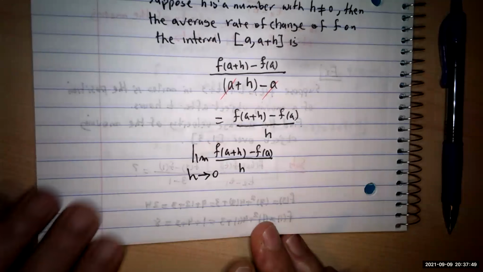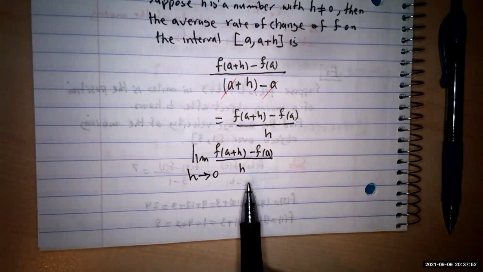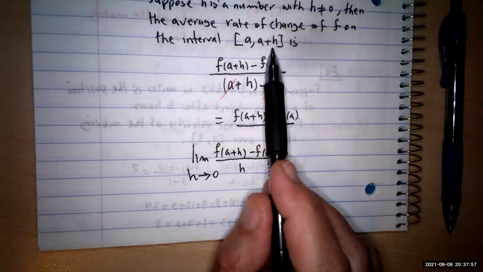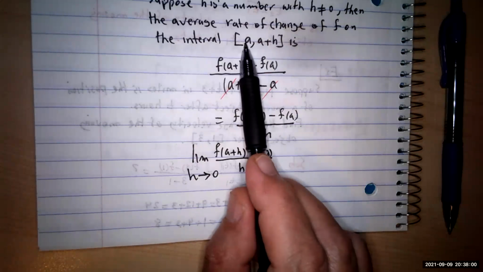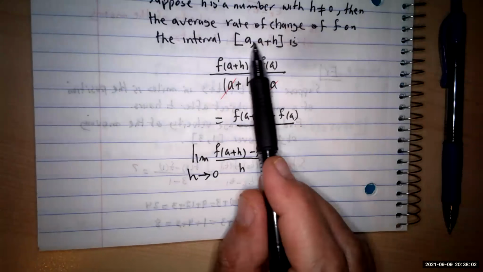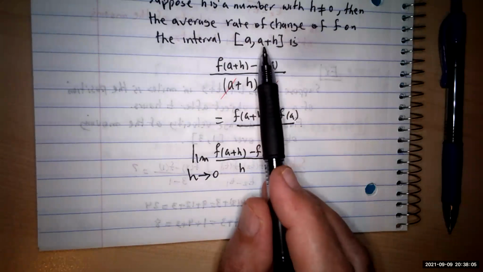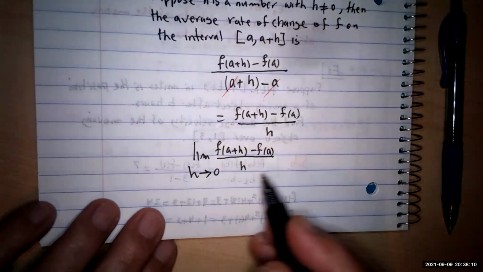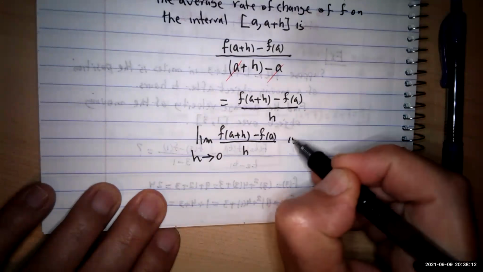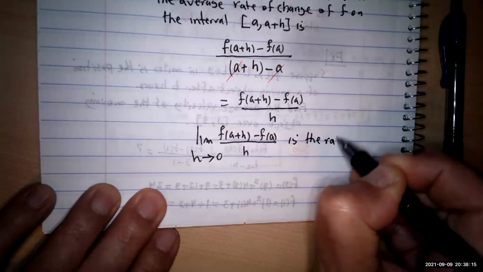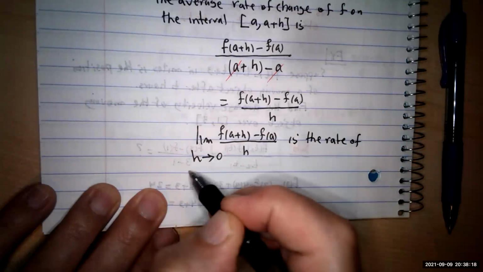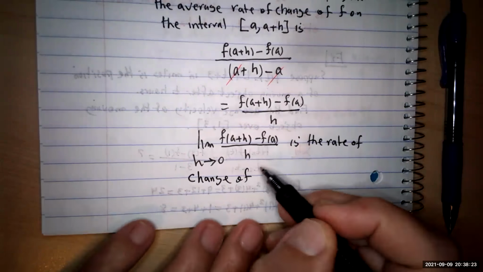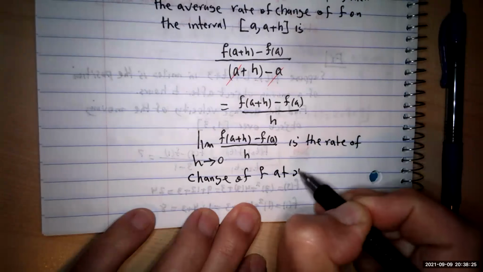When h goes to zero, it's not going to be average rate of change anymore in this interval, because everything would be only a. So instead of calling it average rate of change in that interval, this is simply going to be the rate of change of f at x equal to a.